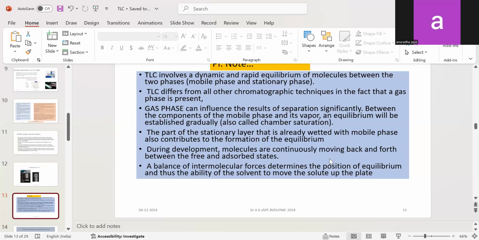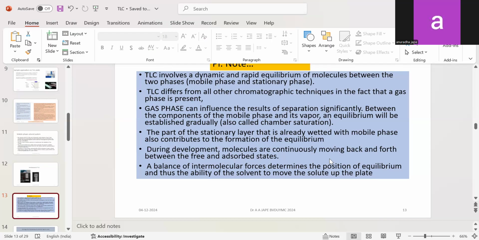The TLC when we talk about, we have to take into account a few important points. As I said earlier, the mobile phase components, the solvents are going to be getting into their vapor phases, especially if we are having organic solvents in the solvent system like methanol, ethanol, or even chloroform, which are going to be evaporated at room temperature in regions like Pune, that is 37 to 38 degrees temperature.